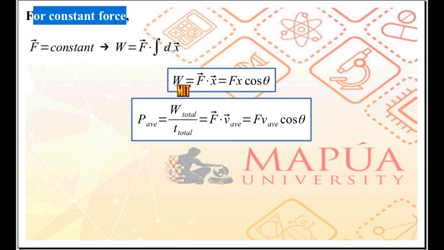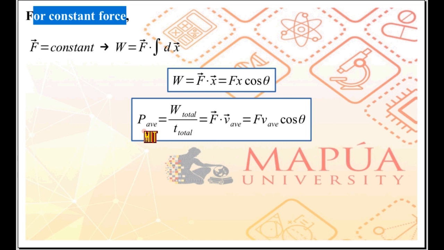And if we get the average power for work done by a constant force, average power is equal to total work divided by total time. That's basically F dotted with x divided by time. We have x divided by time, and that will give you F dotted with average velocity.